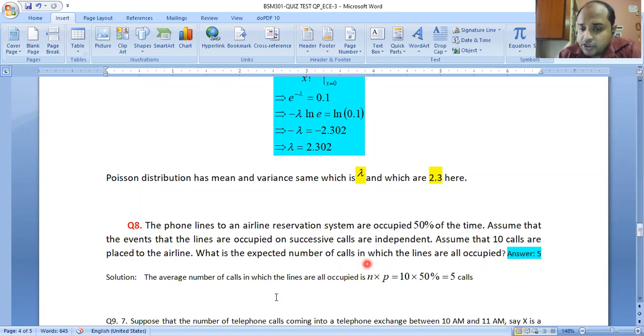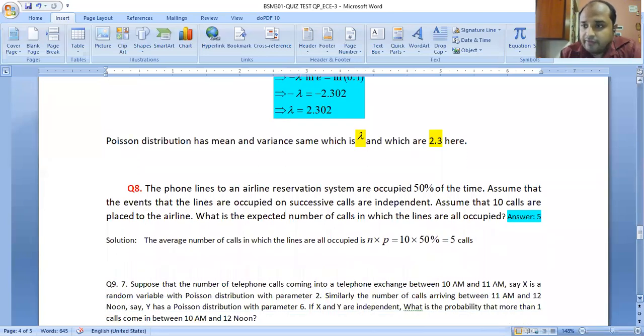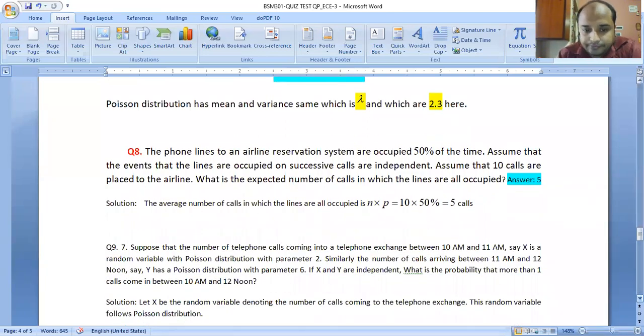And for binomial distribution, the average number of calls is calculated by number of experiments multiplied by the probability of success. So 10 gets multiplied by 50%, and we get 5 as the answer. 5 calls will justify that your telephone lines will be occupied throughout. Your airline system will be occupied throughout. Okay. On an average, 5 calls will be there.